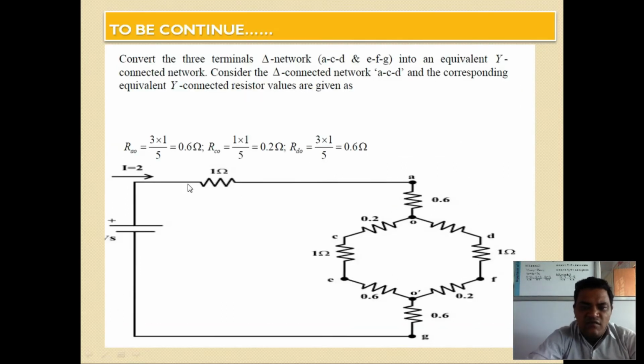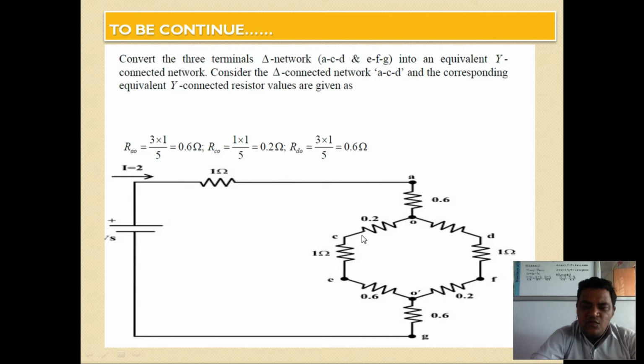Then we have R of AO equal to 0.6, R of CO equal to 0.2, and R of DO equal to 0.6 once again.